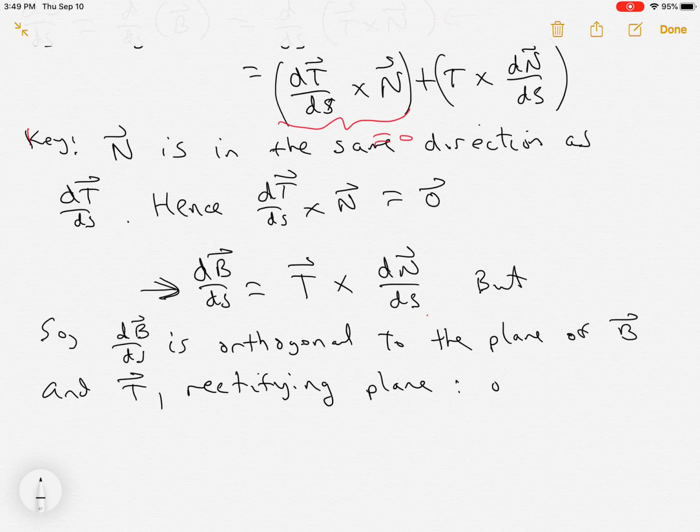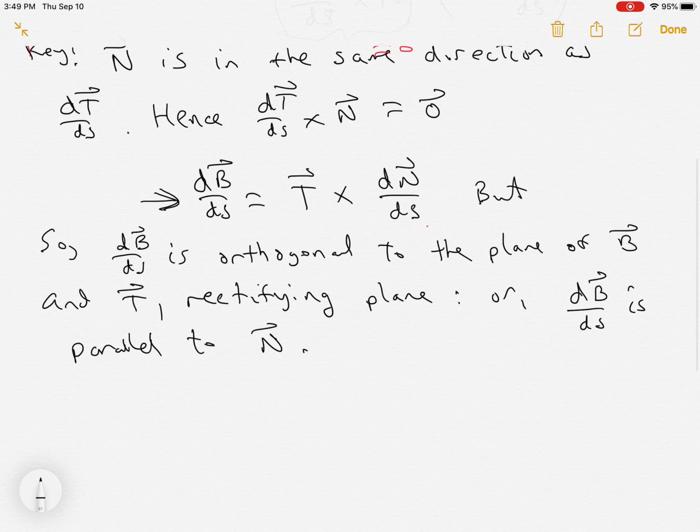Or in other words, dB/ds is parallel to N. Okay? That's a lot to take in. So the takeaway here is that dB/ds is parallel to N.